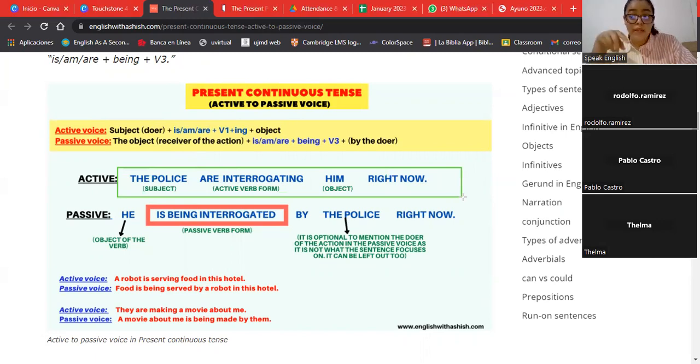Which is the verb of the sentence? Interrogating. Only that? Are interrogating. Remember that in the continuous form, you don't only have the verb alone. You have more like a verb phrase, okay? And what is the object? Him. Okay.